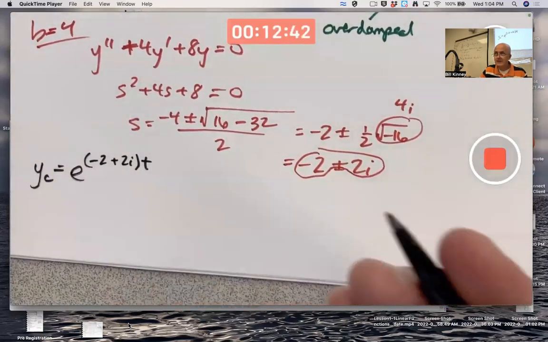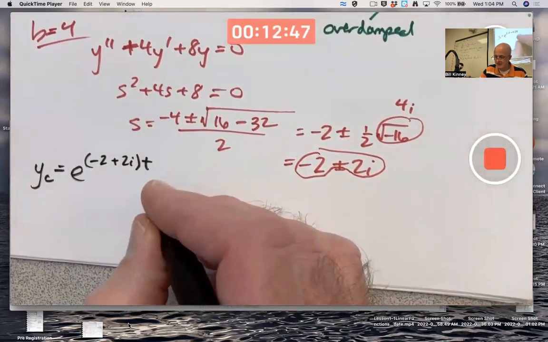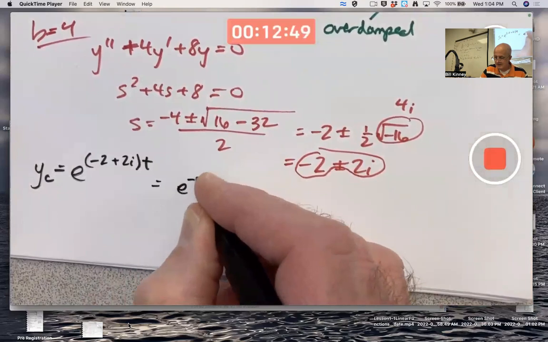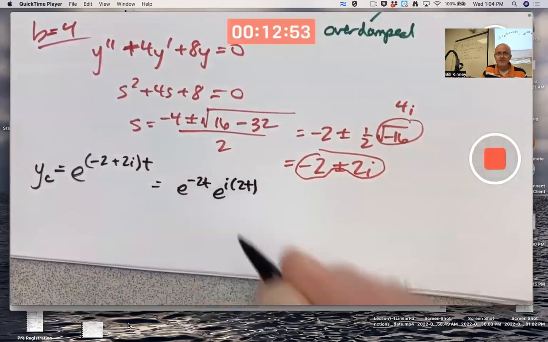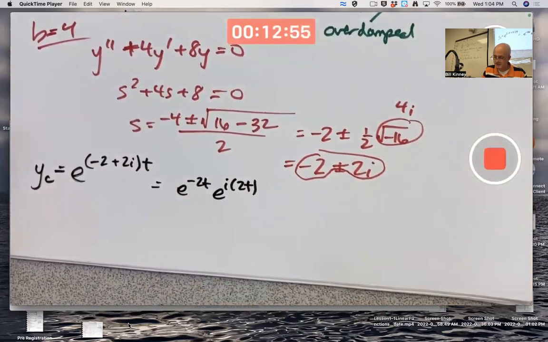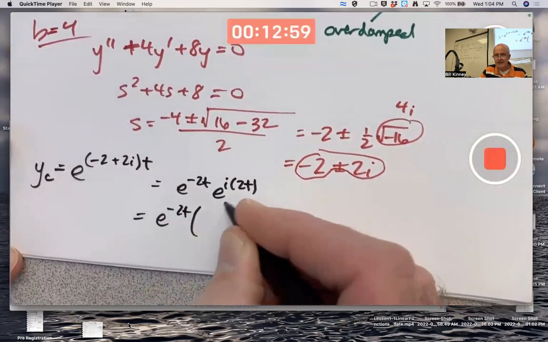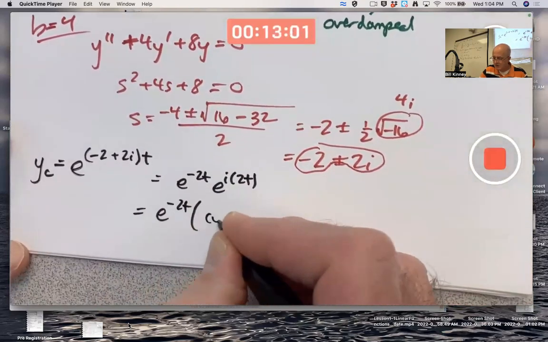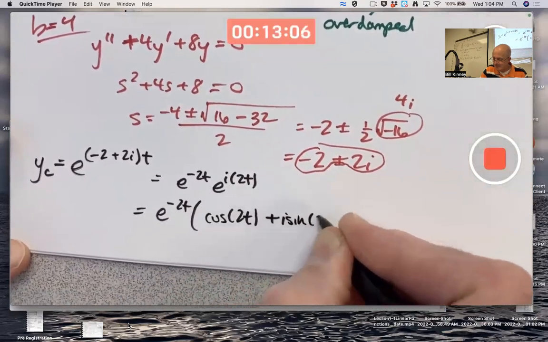And I don't need to multiply this times a vector, because I'm just thinking about the scalar solutions. First, do this. That's a property of exponents. Then use Euler's formula. e to the i times 2t is cos 2t plus i sin 2t.